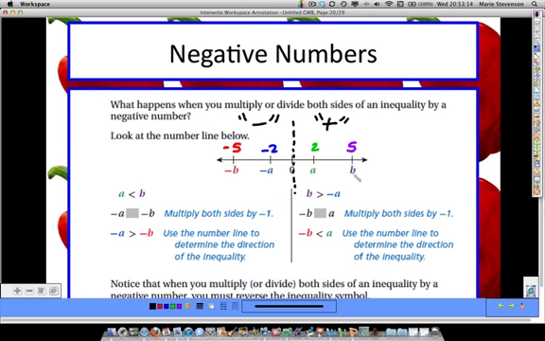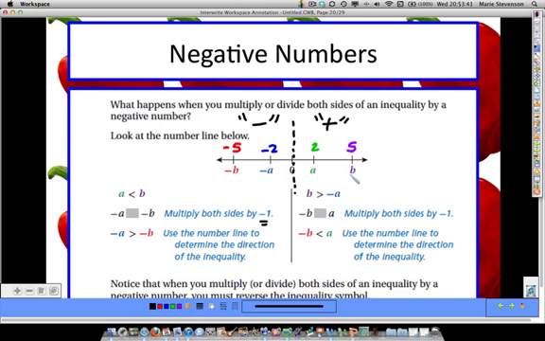On the positive side, A is less than B. Okay, but when you flip it over here, negative A is not less than negative B. In fact, negative A is bigger than negative B because it's on the negative side. So that's why we had to flip the inequality, because when you multiply by a negative, you would go from one side to the other and the rules are opposite. Let's look at this case right here.